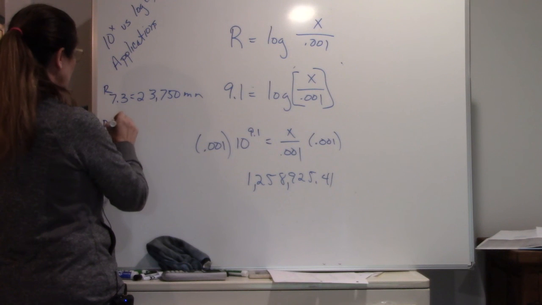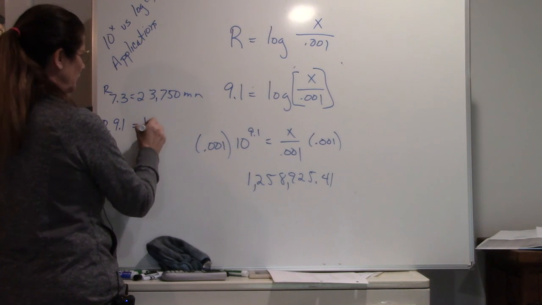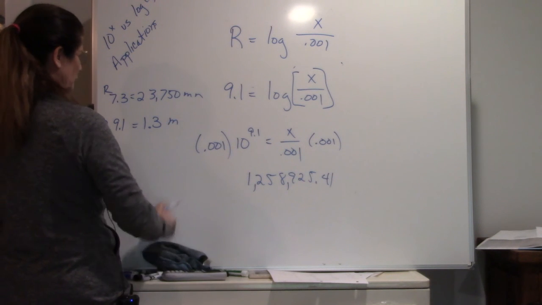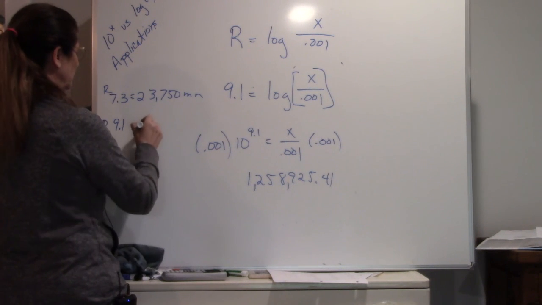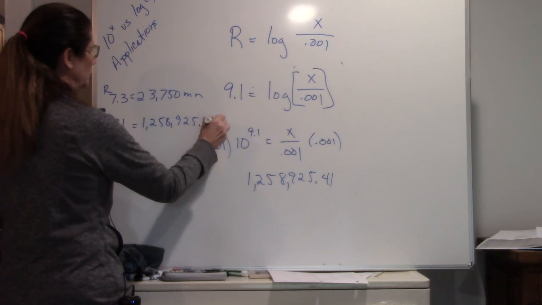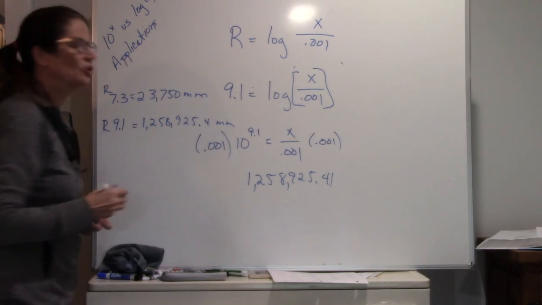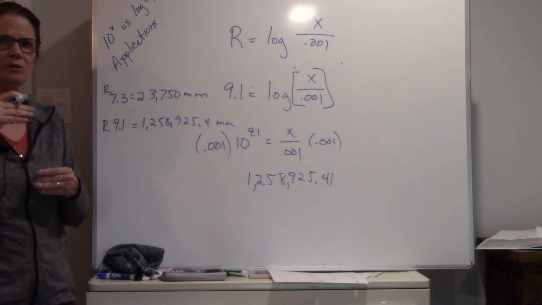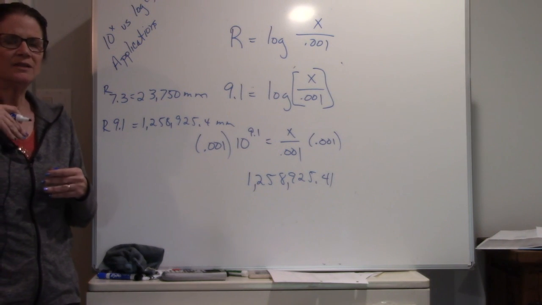For the Richter scale of 9.1, it was 1,258,925.41 millimeters.